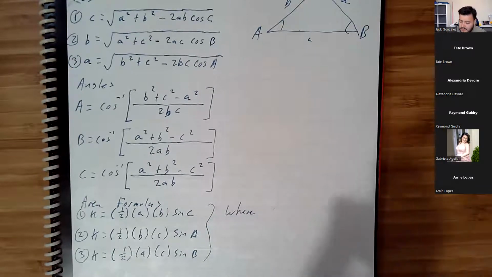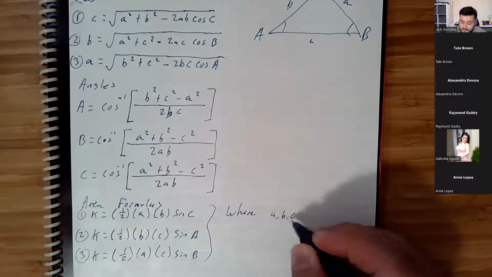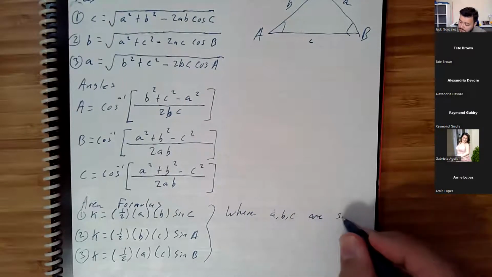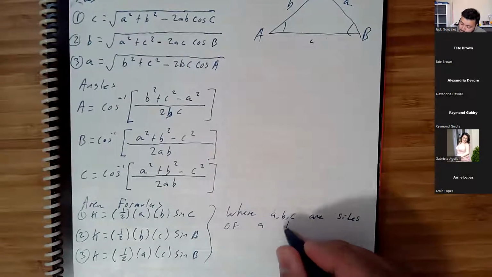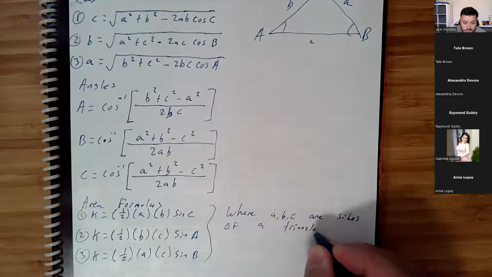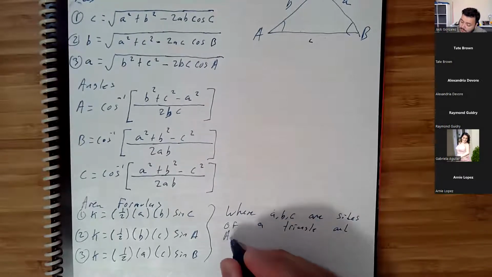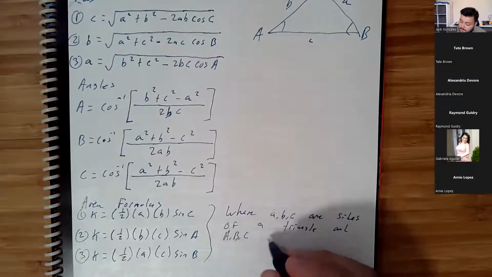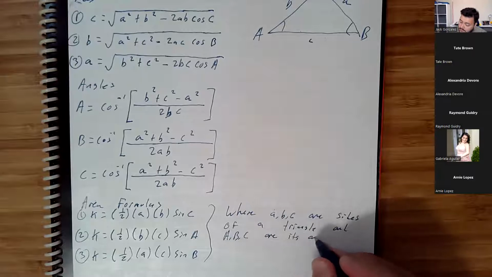So it's really up to you. So ABC are sides of a triangle, and capital A, B, C are its angles.